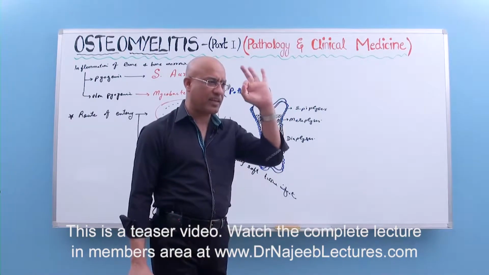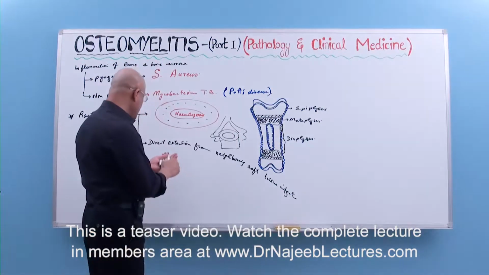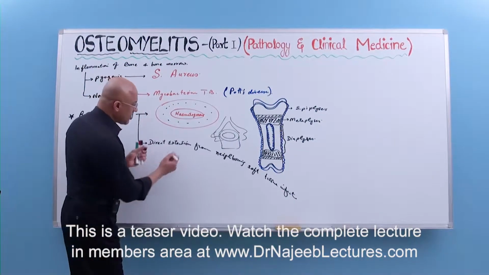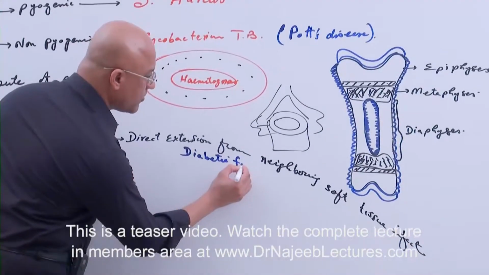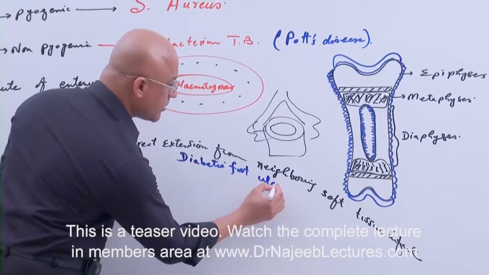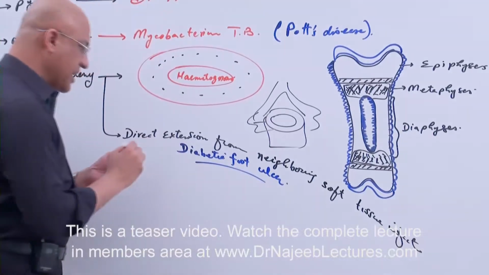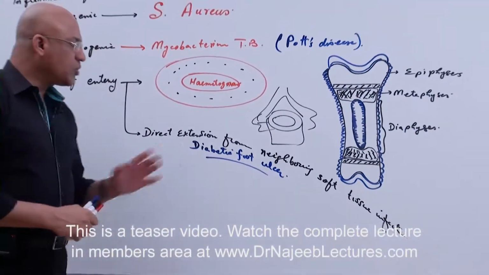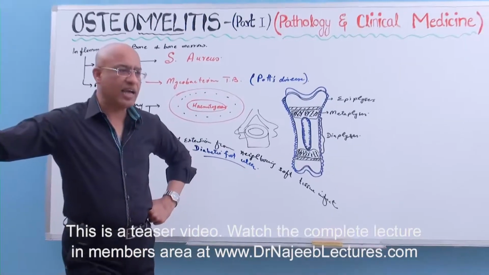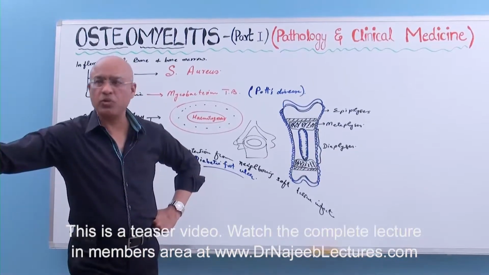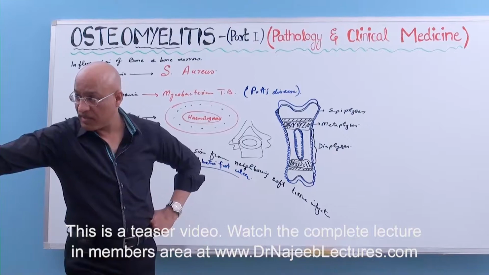This is a typical and classical example. What is that? Diabetic foot ulcer. Let me tell you what's wrong with the diabetic foot. Patients who have diabetes develop vascular disease as well as damage to the nerves, neuropathy, right?